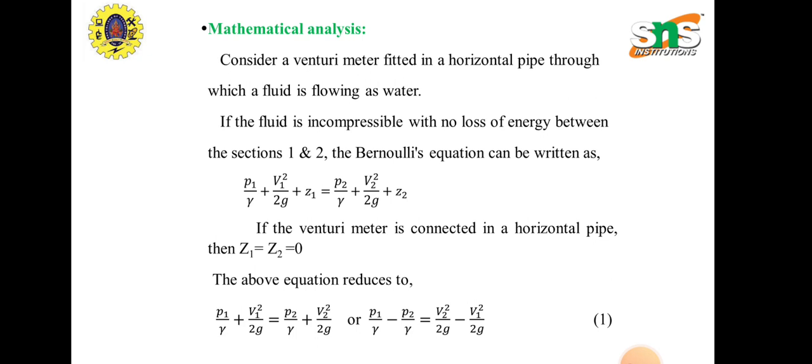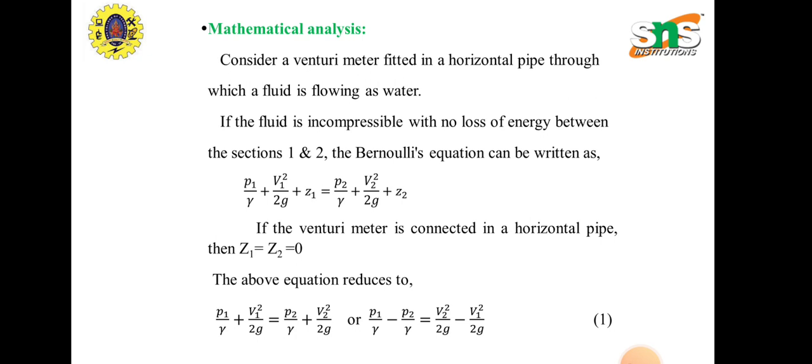So mathematically, consider a venturi meter fitted in a horizontal pipe through which a fluid such as water is flowing. If the fluid is incompressible with no loss of energy between sections 1 and 2, Bernoulli's equation can be written as P1 by rho g plus V1 square by 2g plus Z1, equal to P2 by gamma plus V2 square by 2g plus Z2.